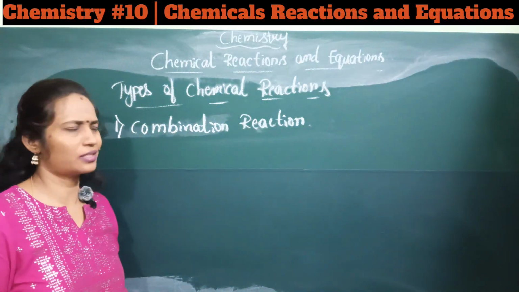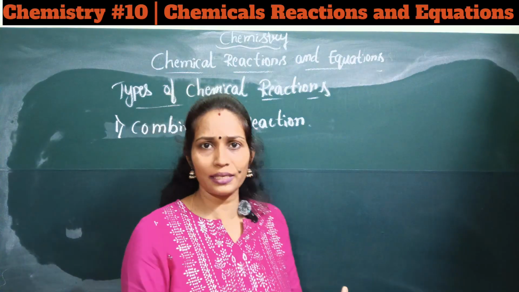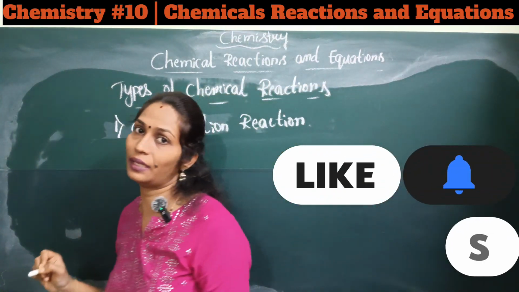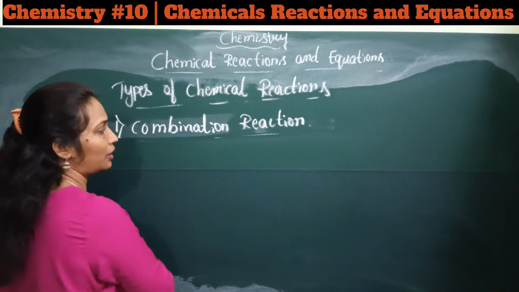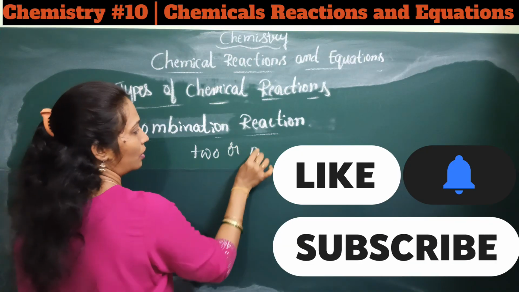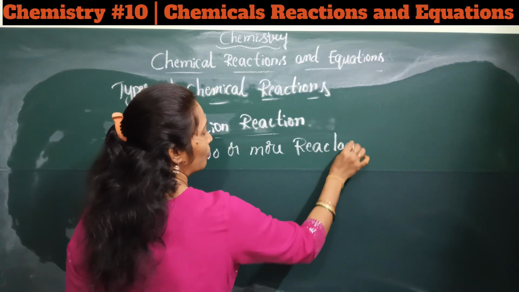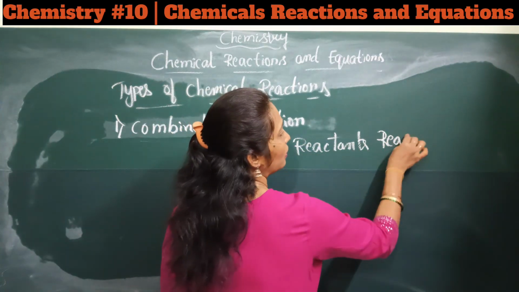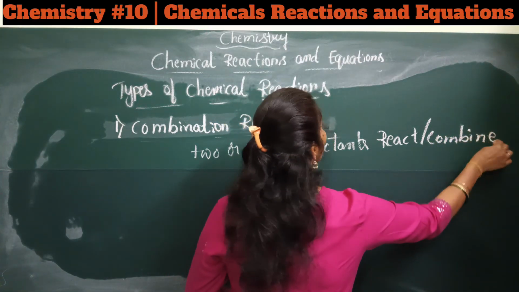First one is combination reaction. The name only suggests combining. Combination means what, guys? Combining. Where you need to combine? In the reactant side. The reaction in which two or more reactants react or combine to form what?